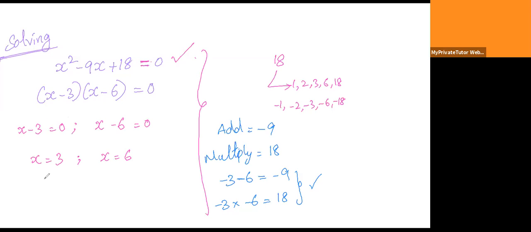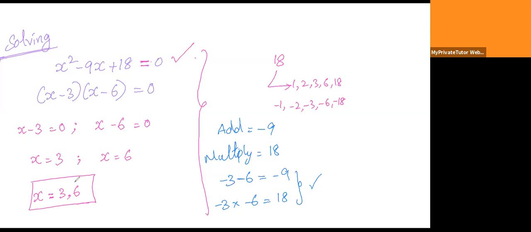Since it is a quadratic equation, since we have 2 in the exponent, we are going to get 2 solutions, which are 3 and 6. So the answer is 3, 6. The x values are 3, 6. I hope everyone understands this.